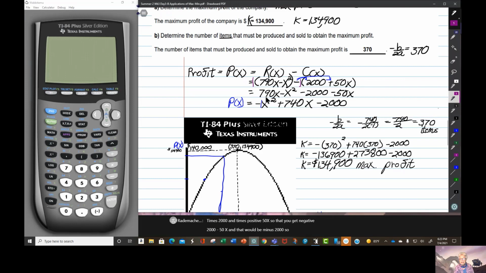So our profit is 790x minus 50x, which gives us 740x. Move the negative x squared to the front because you need to be in descending order. And the constant is negative 2,000. So here is your profit function.